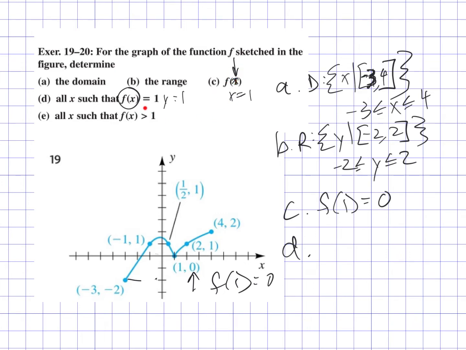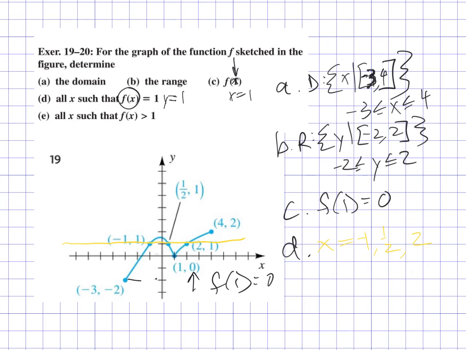Over here, f of x, the whole thing, is y equals 1. So be very careful when you look at both of those. This one is talking about when the x value is something. This one's talking about when y equals 1. All right? So if y equals 1, we draw a line where y equals 1, which goes through the y-axis at 1. What do we get for x? Well, there are 3 values. When y equals 1, x is -1, 1/2, and 2.